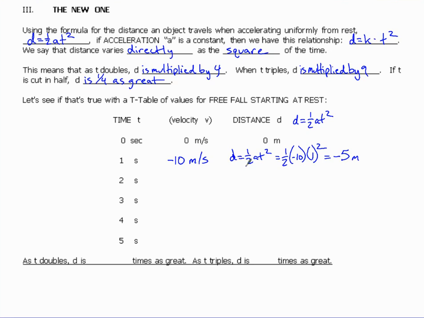For the sake of our table, we've already written the formula, so let's just go ahead and fill in the numbers here. Distance equals 1/2, acceleration of gravity is still -10. This time we are at 2 seconds, and the distance here is -20 meters. Velocity at 2 seconds was -20 meters per second.